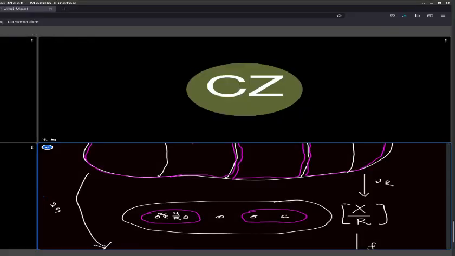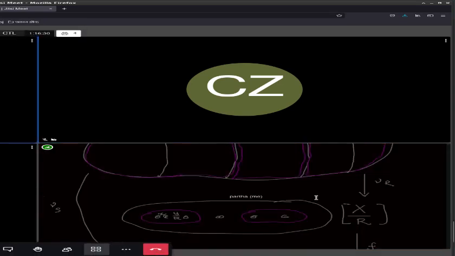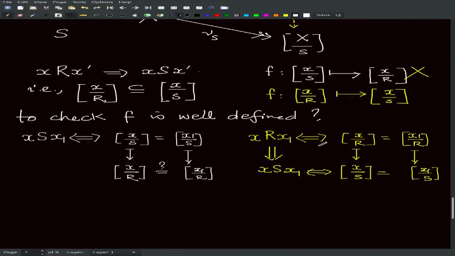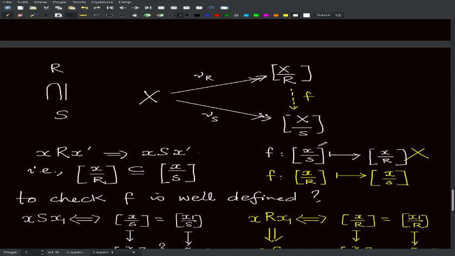Queries? I think this picture makes it clearer for me. Good. So as you increase your equivalence relation, you are gluing more and more things, and so your equivalence classes are getting smaller and smaller. So that's the idea. Okay?